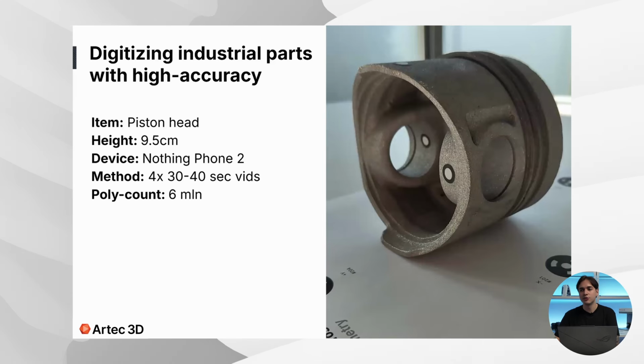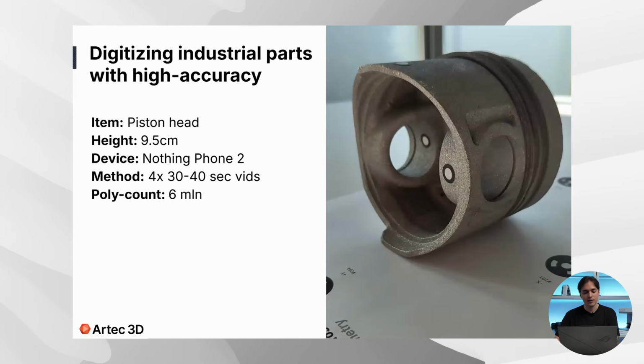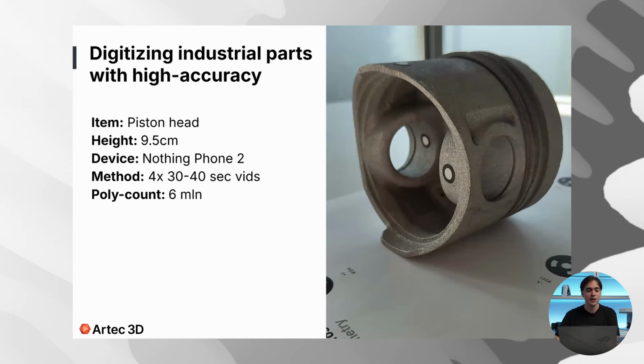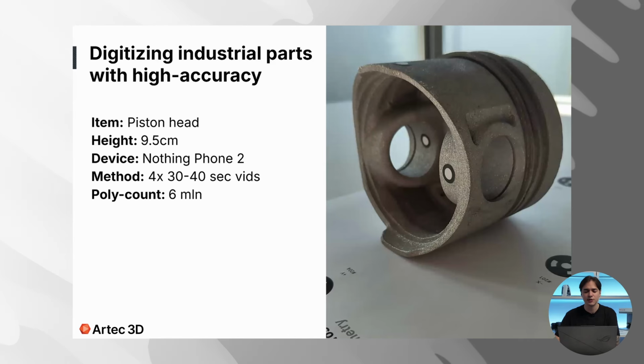Let's move on to something more interesting. Here we have an industrial part, a piston head. I have taken 4 videos of it using a Nothing Phone 2. I have taken videos in 1080p resolution, so they are not particularly high res.